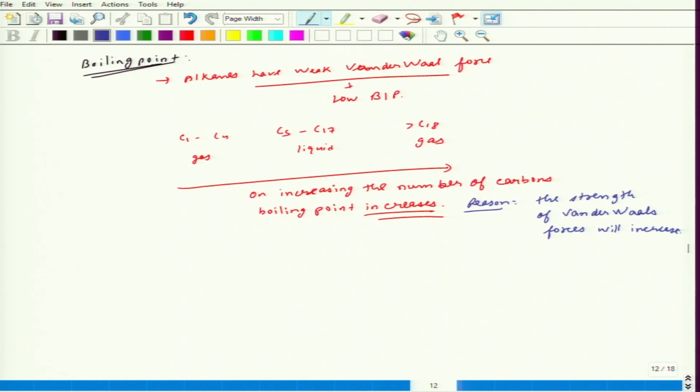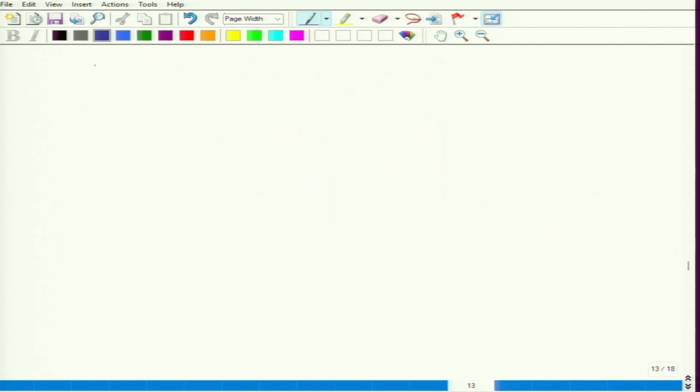Okay. So that is one thing we have discussed about the boiling point trend as the number of carbons increases. There is one more thing we can study on boiling points also: the effect of branching.